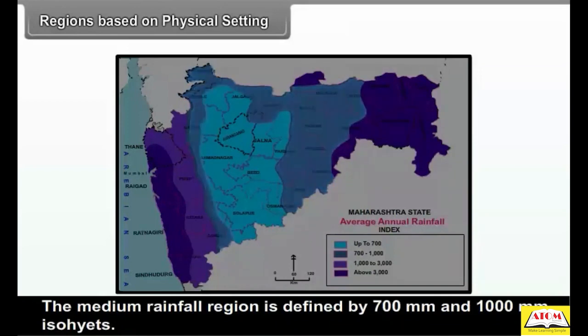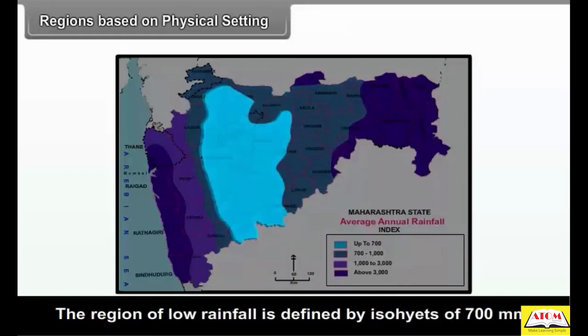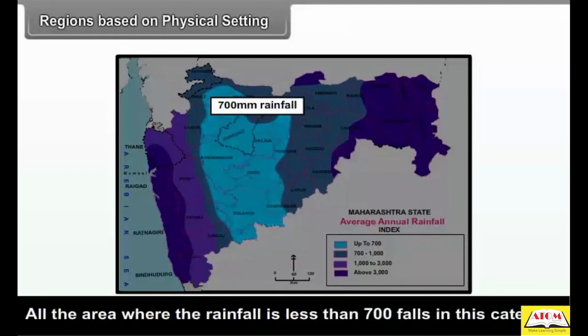The medium rainfall region is defined by 700 mm and 1000 mm isoheights. The region of low rainfall is defined by isoheight of 700 mm. All the area where the rainfall is less than 700 mm falls in this category.